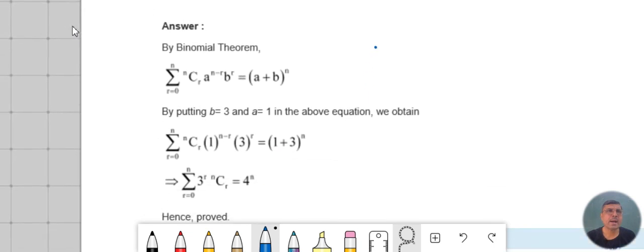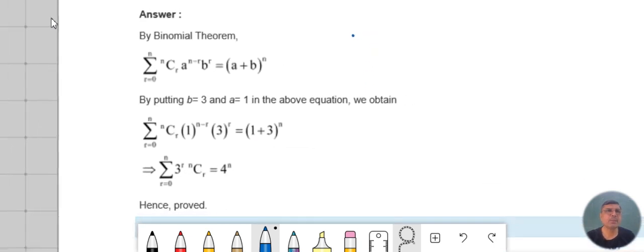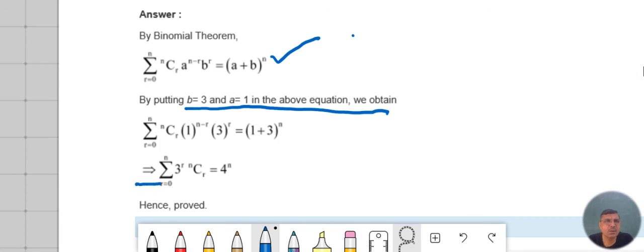Okay. Now use binomial theorem. Alright. We have the sum for r equal to 0 to n, nCr, a raised to n minus r, b raised to r. This is the short form of binomial theorem. Now put b equal to 3 and a equal to 1 in the above solution, and you will get your answer.